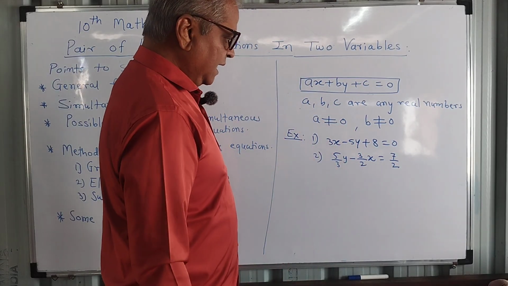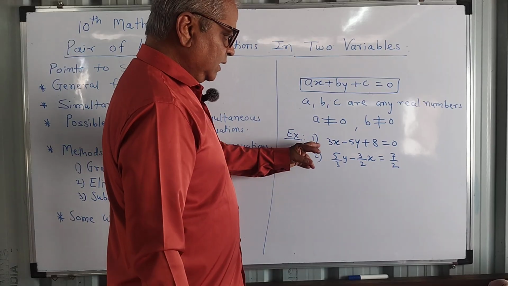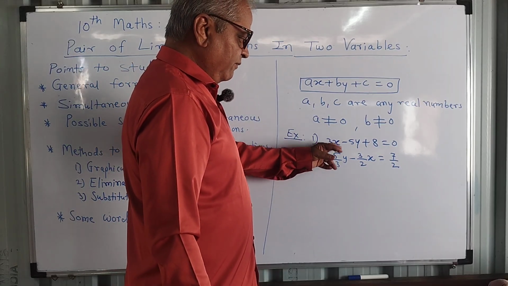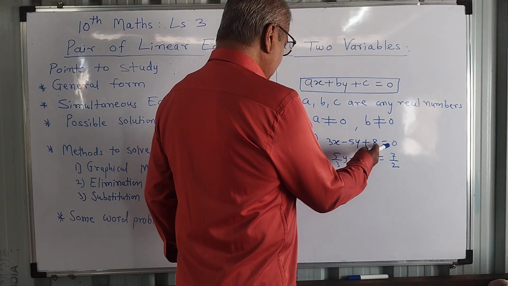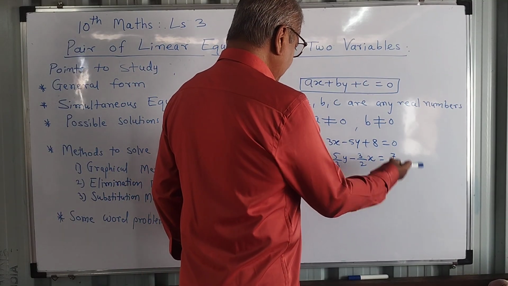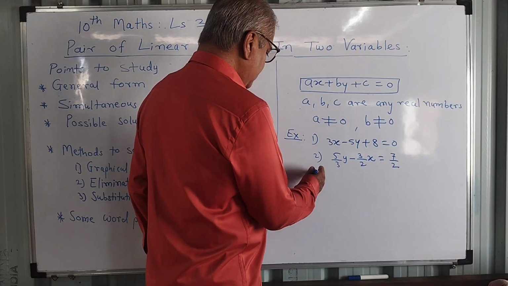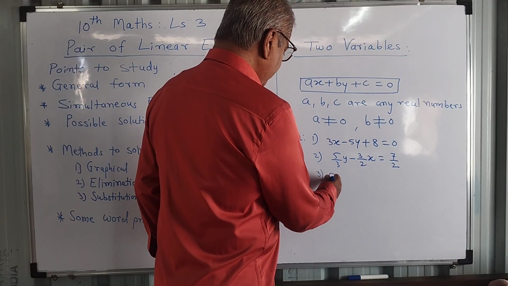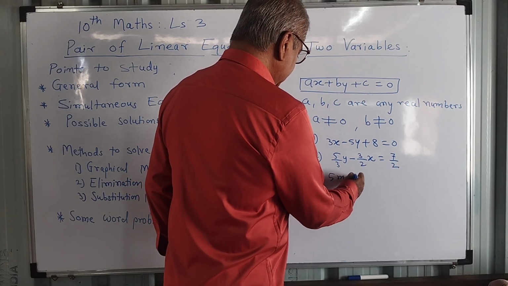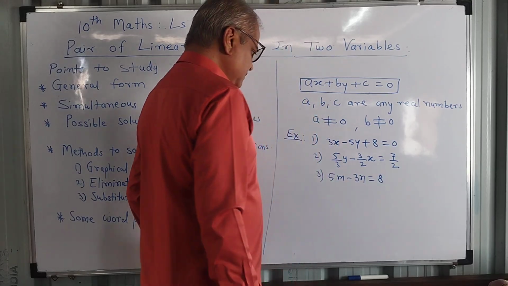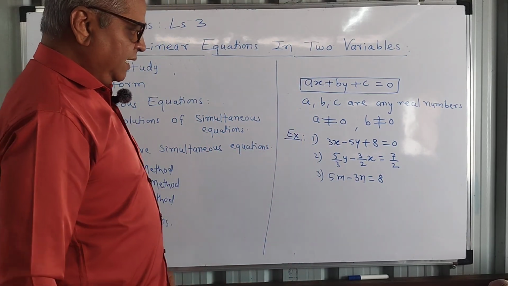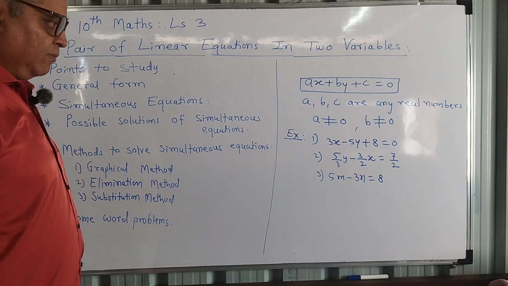Again this equation has two variables, and the power of each variable is 1. You can write the constant on LHS or RHS. Third, 5m minus 3n is equal to 8. So these are the examples of linear equation in two variables.